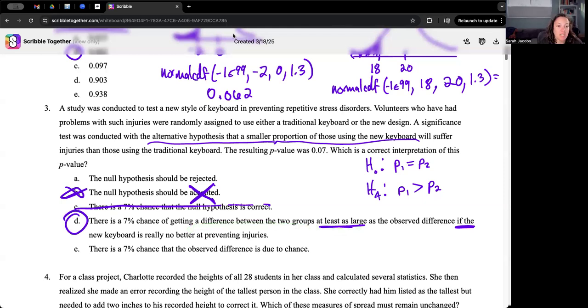It's the probability of getting a result at least as extreme, and so it's important that it's at least, as the result you got in your sample, given that the null hypothesis is true. If the null hypothesis is true. This is why we do probability before we do inference. All p-values are conditional probabilities.